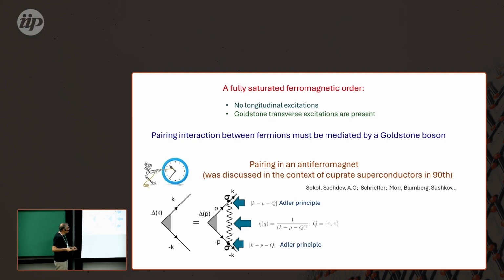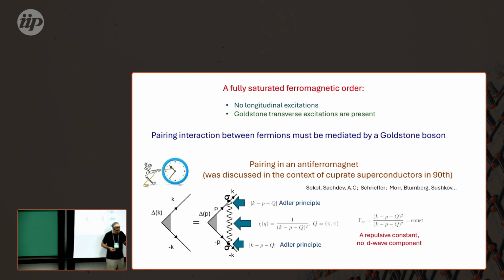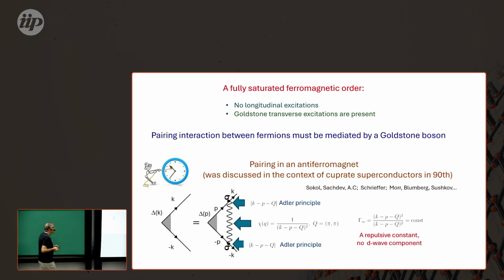So for antiferromagnets, you multiply one by the other, and you get an interaction which is a constant and repulsive. Repulsion by itself is not a big deal, because we know that repulsive interaction gives rise to d-wave attraction if it's peaked at finite momentum, but it's a constant. Therefore, there is no d-wave component. And Sushkov made an argument that on top of the constant, there are some subleading effects which still give you something, but this something is very small.